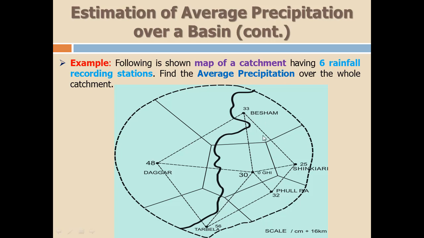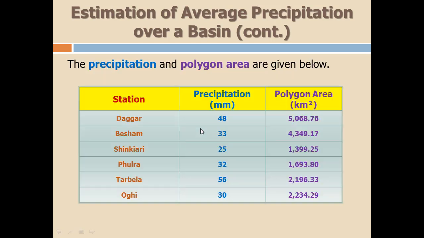So we have to calculate the areas of these polygons individually and then sum up all the areas to calculate the total area of the catchment. The values of the gauges are already given, so the precipitation and polygon area are given below. Let's suppose we are given the areas in this example.